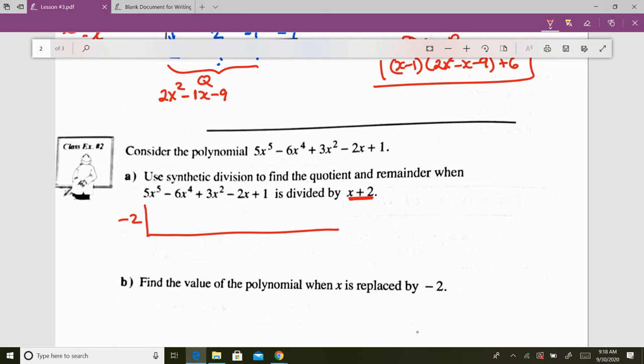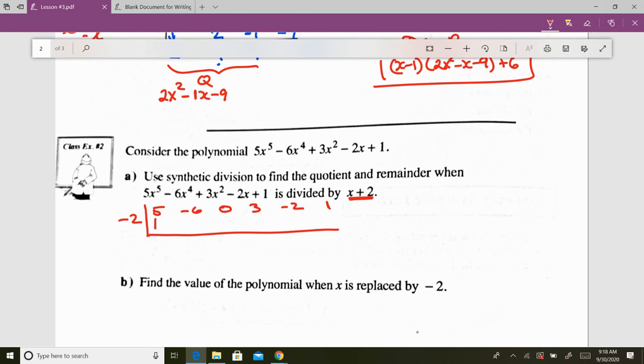So we start and we go, okay, there's a 5. Give yourself a bit of room because the numbers are going to get big here. Negative 6. Then they should have an x cubed, so I'll put a 0. Then a 3, a negative 2, and a 1. Everybody okay with that so far? Then we do what we did above.